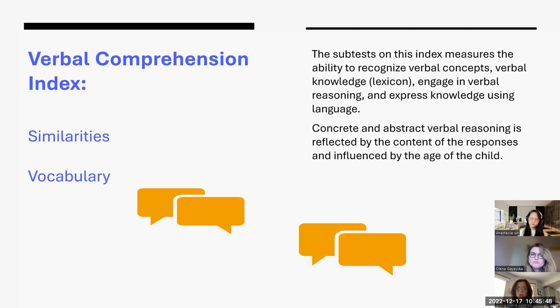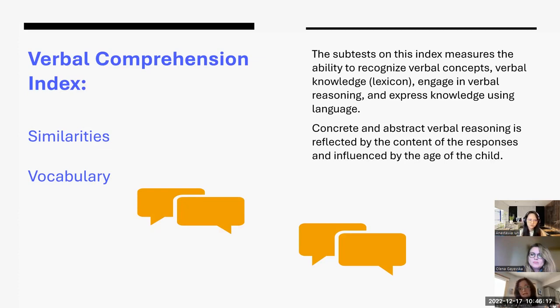They measure verbal knowledge, which is our lexicon, our vocabulary, and our ability to engage in verbal reasoning, so manipulating language to understand and reason, and to express our knowledge using language. Concrete and abstract verbal reasoning is reflected by how the student responds, the words that they use, and their level of understanding in analyzing, and it's also influenced by the age of a child.